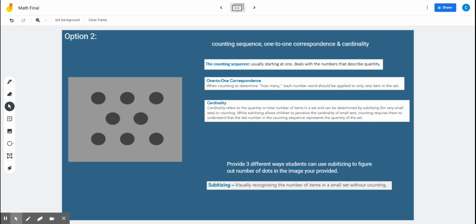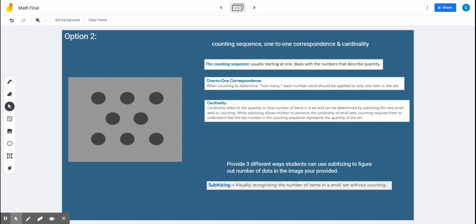Okay, and cardinality refers to the quantity or total number of items in a set and can be determined by subitizing for very small sets or counting. While subitizing allows students to perceive the cardinality of small sets, counting requires them to understand that the last number in the counting sequence represents the quantity of the set.